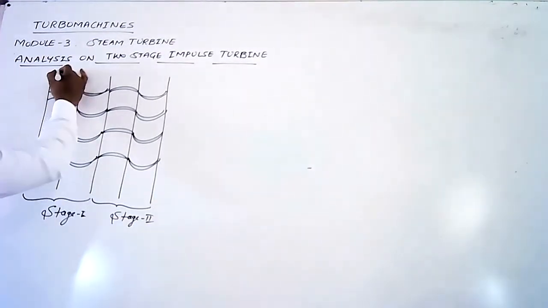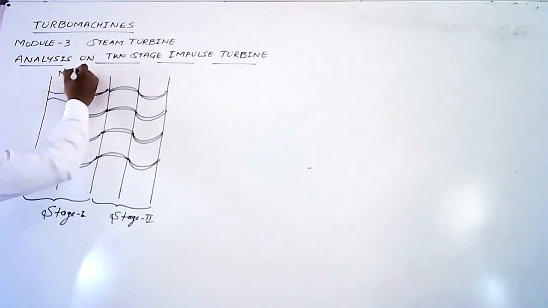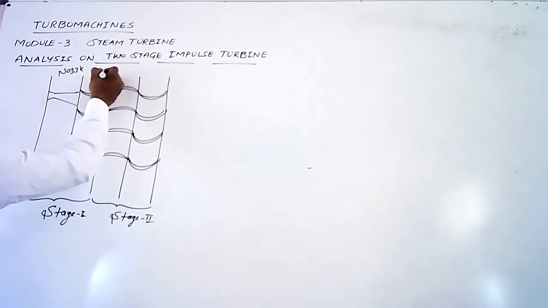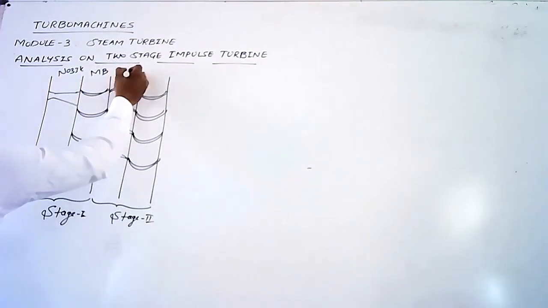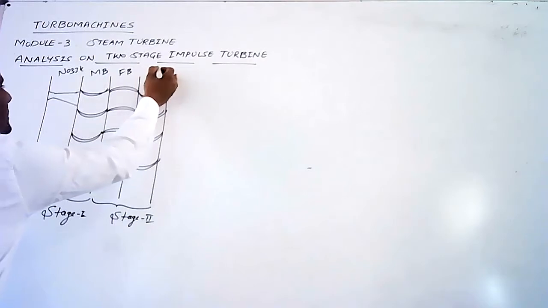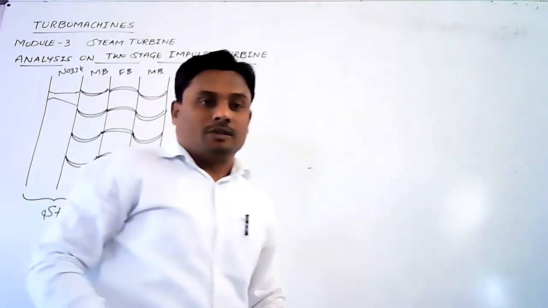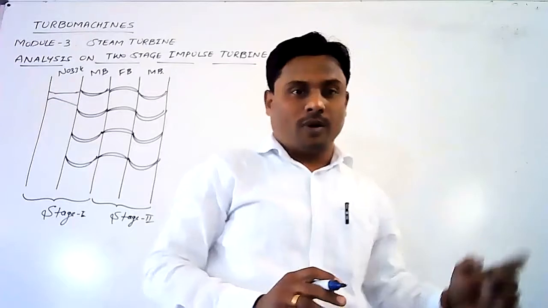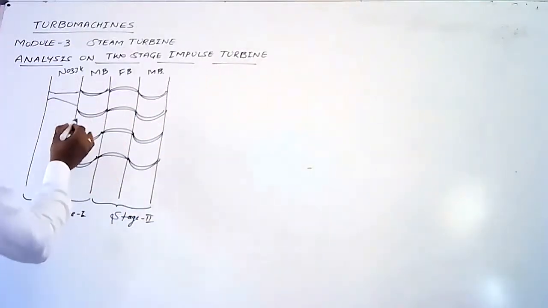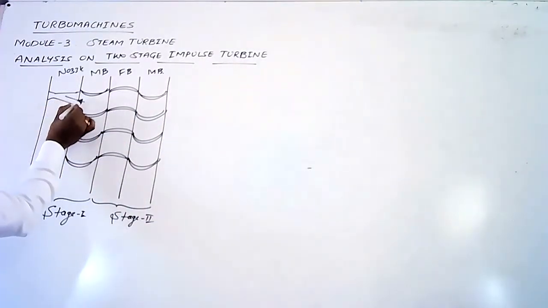Here you have the set of nozzles. These are the moving blades. This is a fixed blade. These are the moving blades. The velocity of steam coming out from the nozzle is V1.